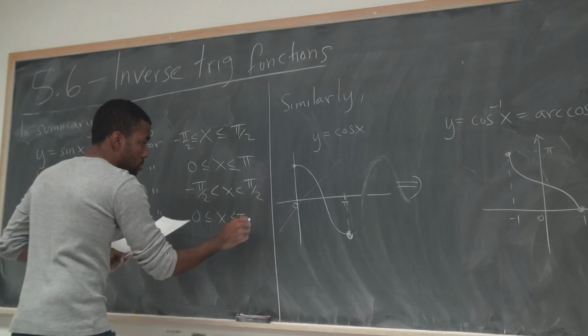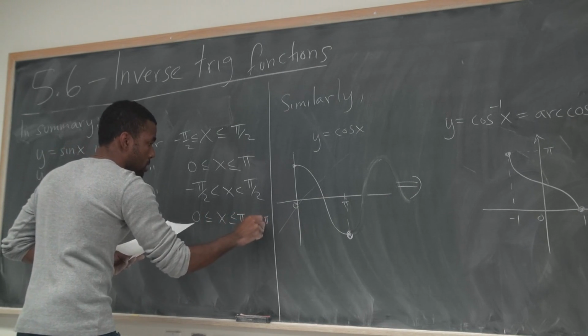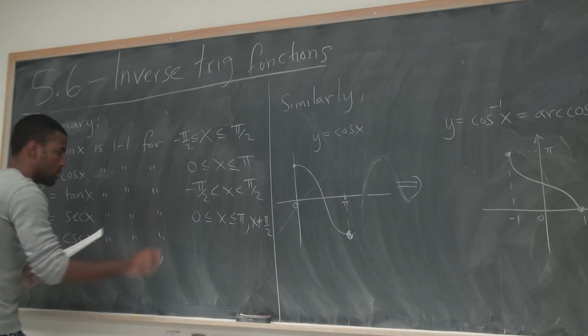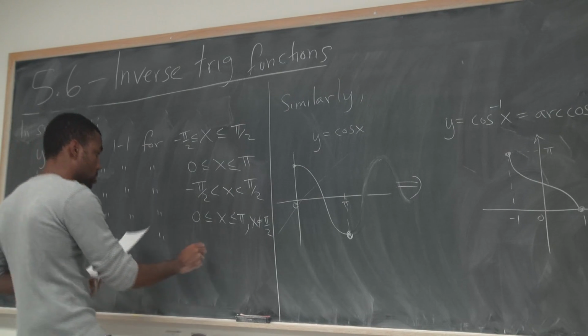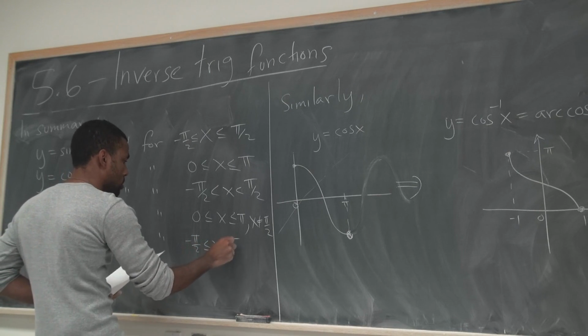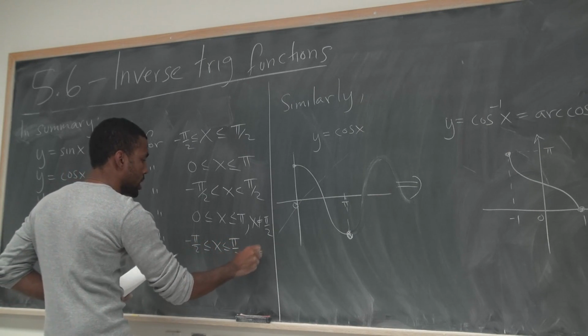However, we cannot be pi over 2. X is not equal to pi over 2 because cosine is 0 there. Y equals cosecant is 1-to-1 where sine is 1-to-1, so it's minus pi over 2 inclusive to pi over 2. Of course, here x cannot be 0.